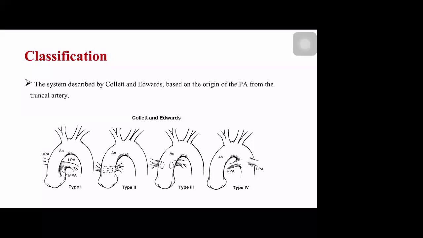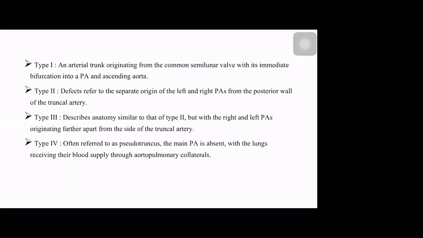Just after this origin, it is bifurcated into 2 different vessels. One is the ascending aorta, one is the main pulmonary artery. Again, the MPA is bifurcated into RPA and LPA. So it is the type 1 Collett and Edwards truncus arteriosus.